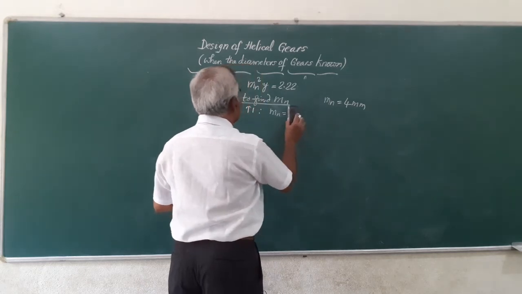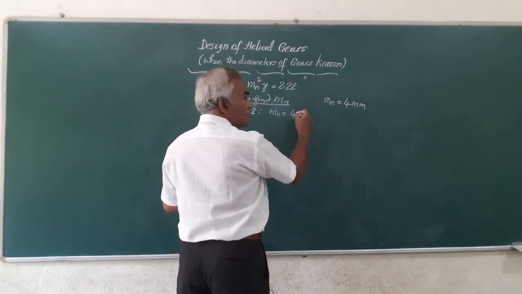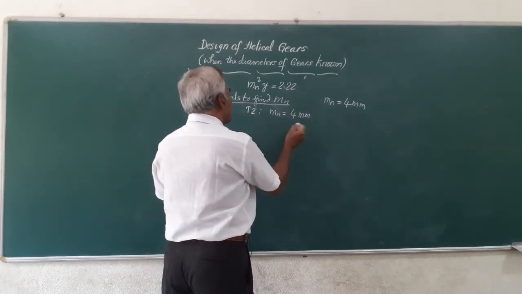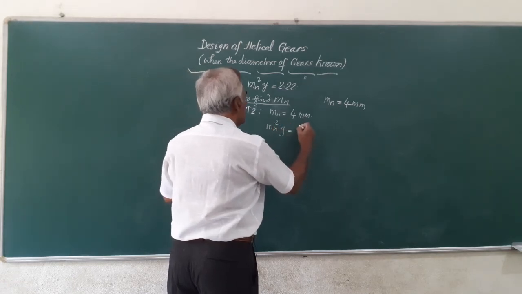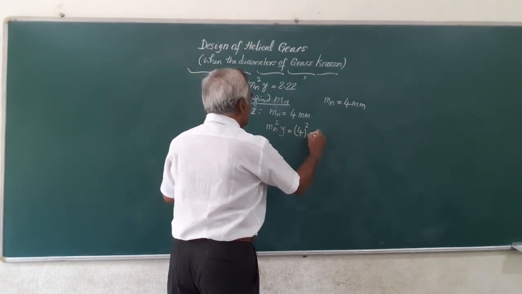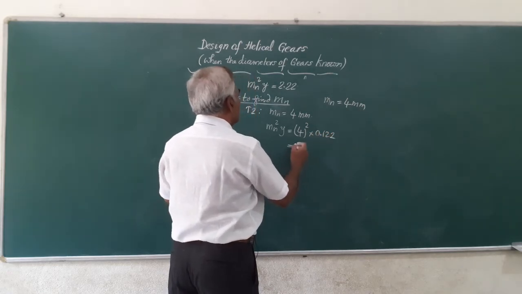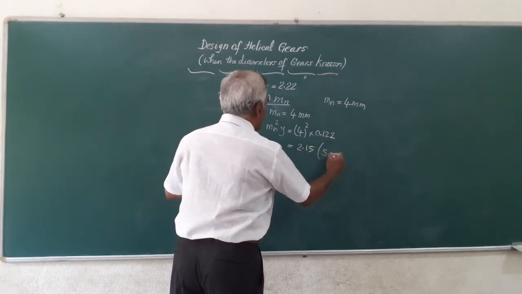Say in this trial number 2, I am taking mn equal to 4 millimeter. Repeat the procedure, you get the value of y. Therefore, mn square y is equal to 4 square multiplied by y, say 0.122. Say you are getting a value 2.15, say.